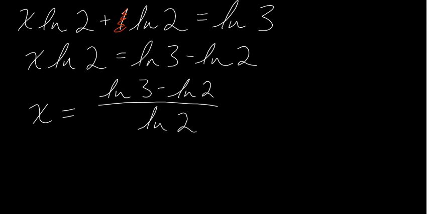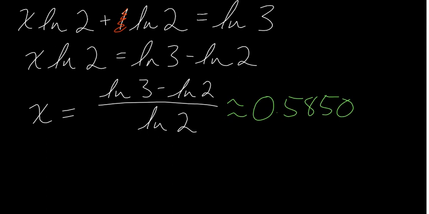And again, similar to any sort of fraction we've seen before, these do not cancel out like that. It doesn't work like that. So this would be our solution, and that would approximately be 0.5850.